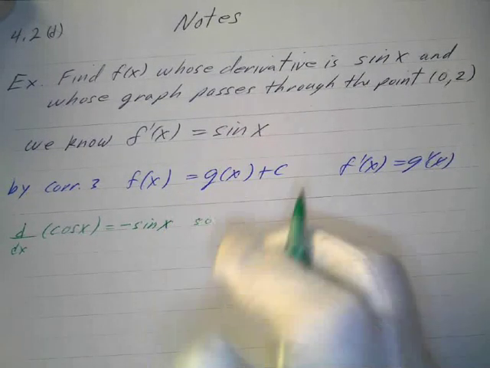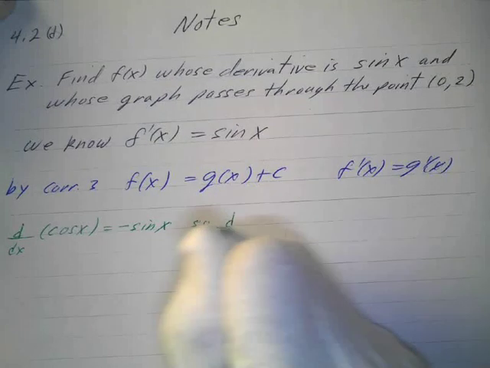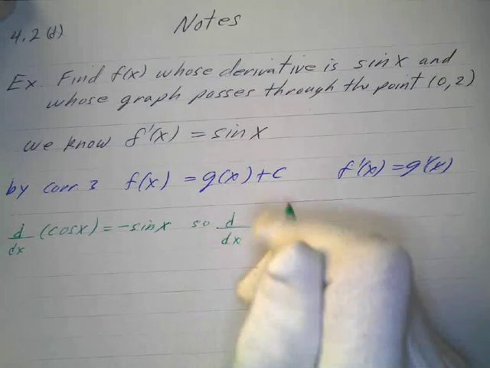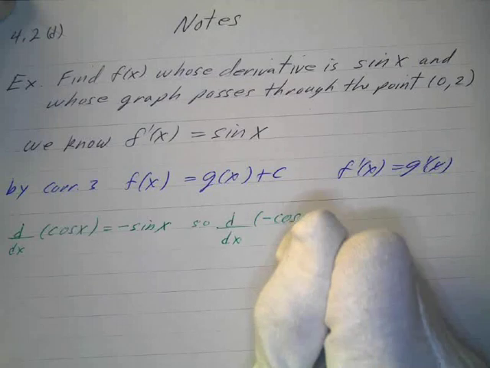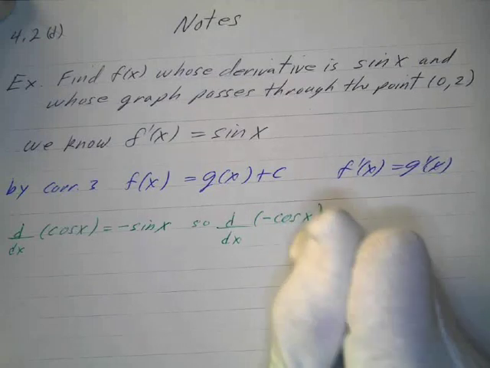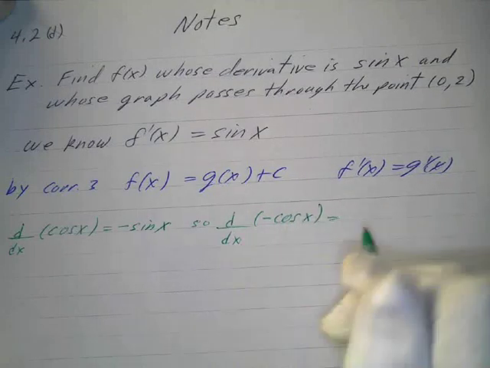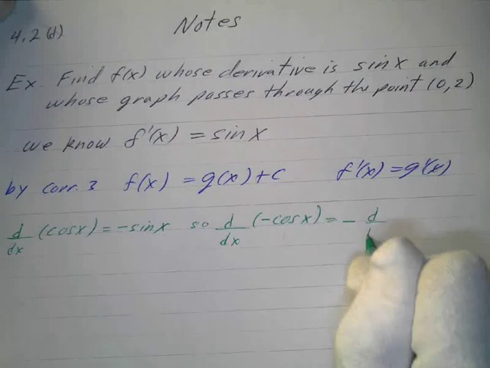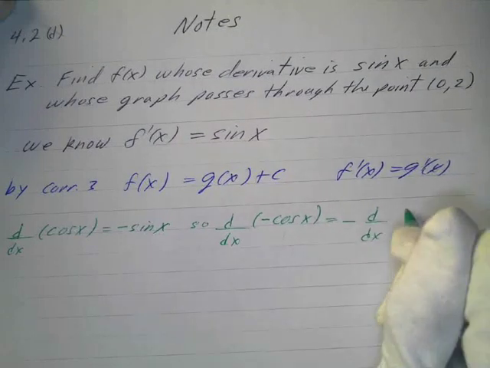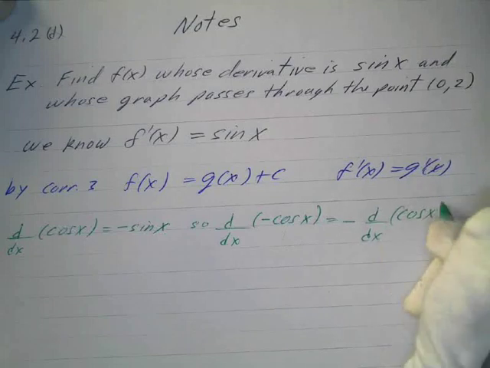So we know that the derivative with respect to x of negative the cosine of x, which is the same thing as negative the derivative with respect to x of the cosine of x. What's that going to be?